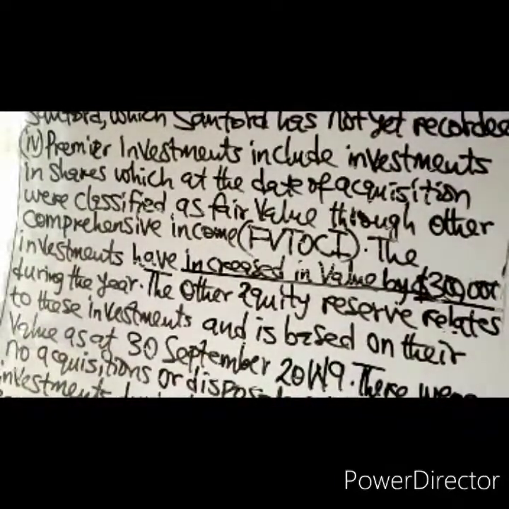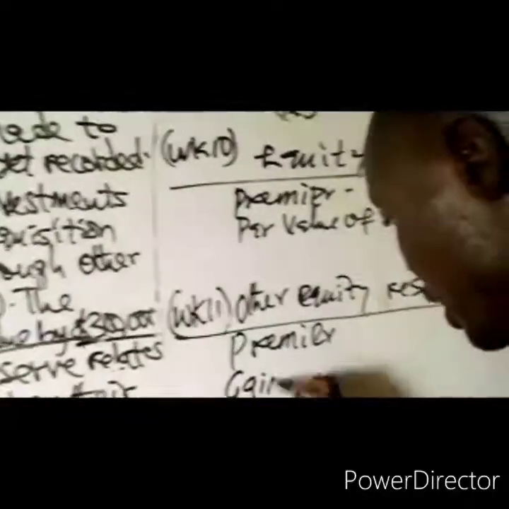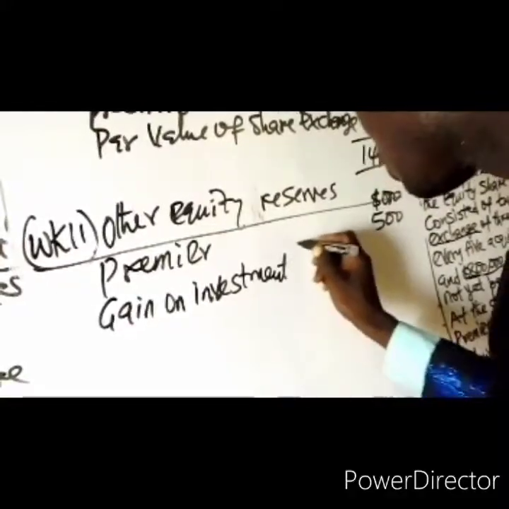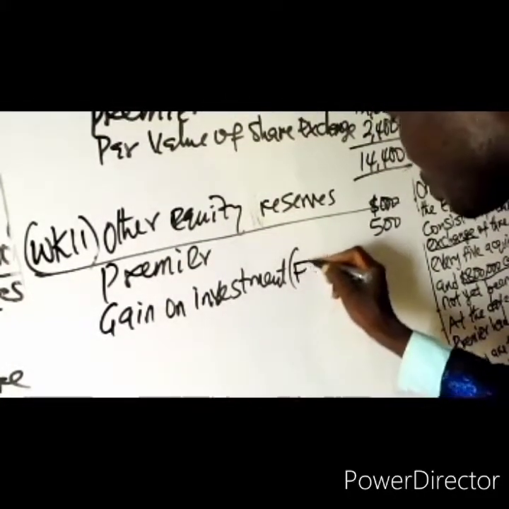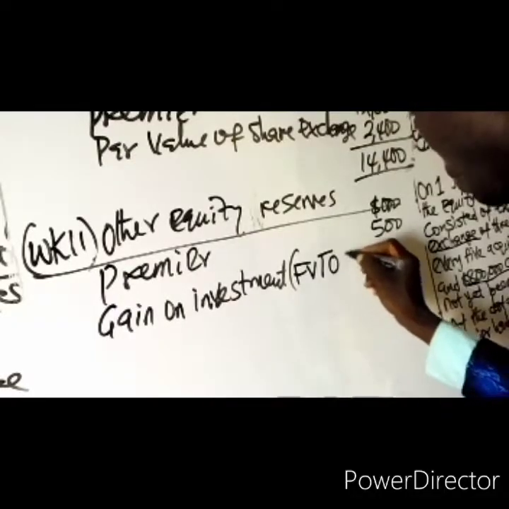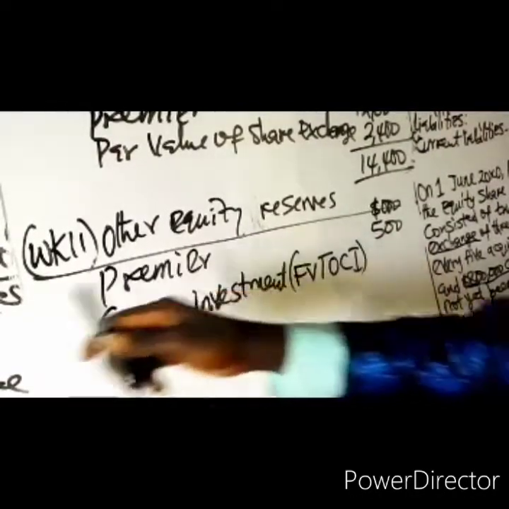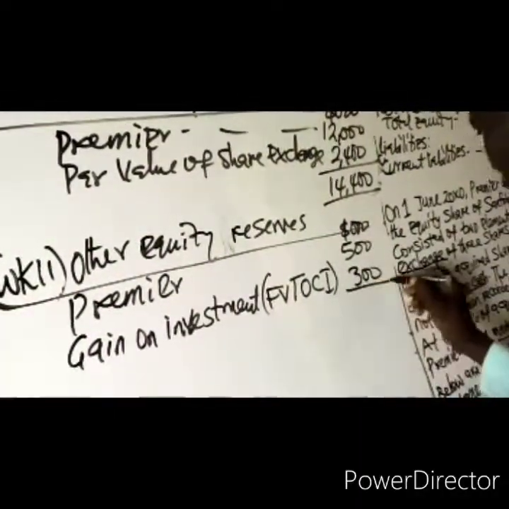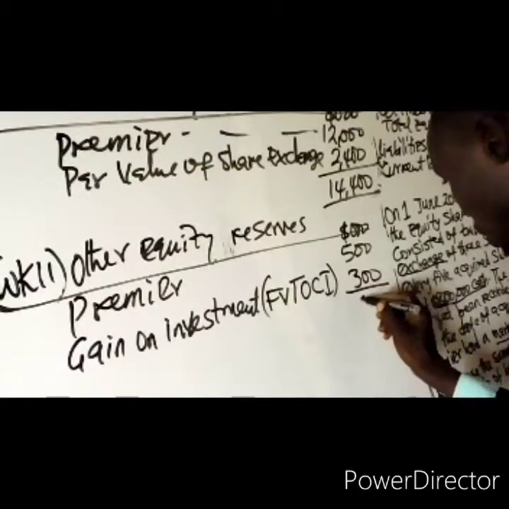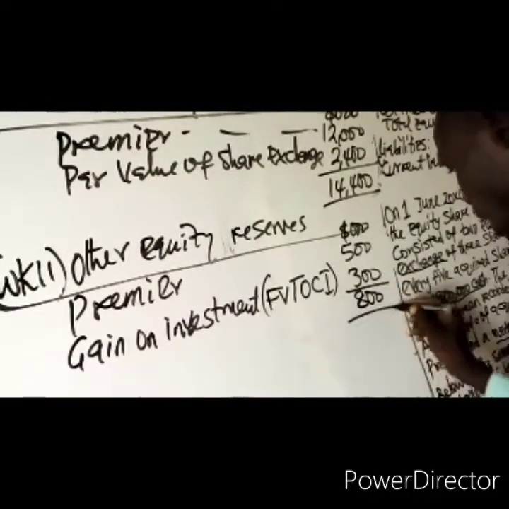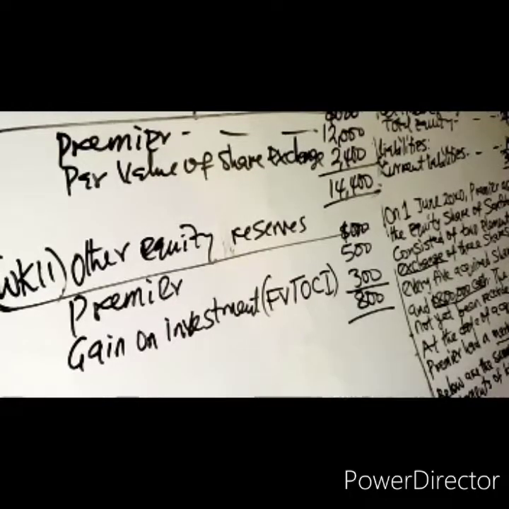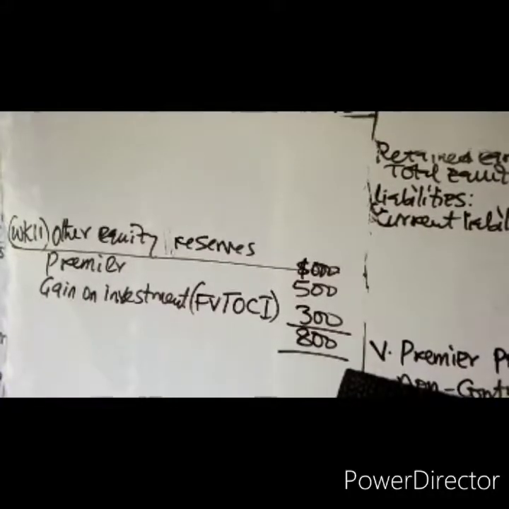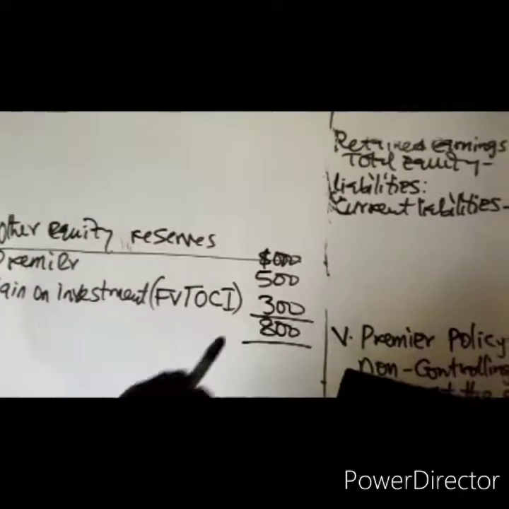Gain on investment, which was measured at fair value through other comprehensive income. The gain of $300,000. So you add it. Then the investment that will appear in the consolidated statement of financial position will be $800,000. Other equity reserves is 800,000.